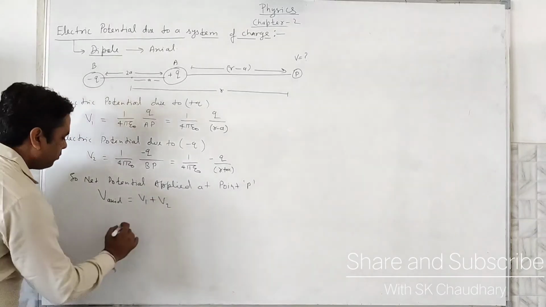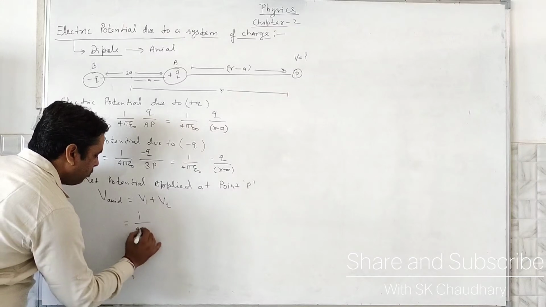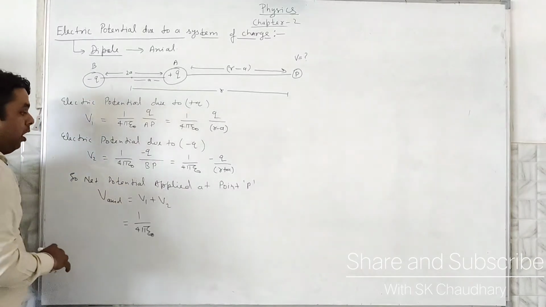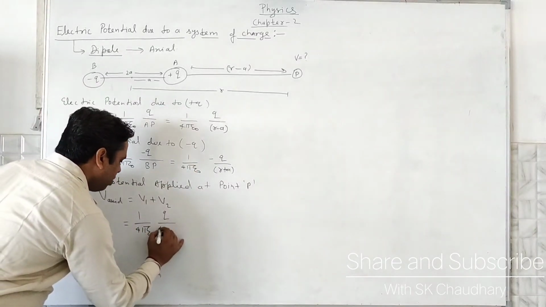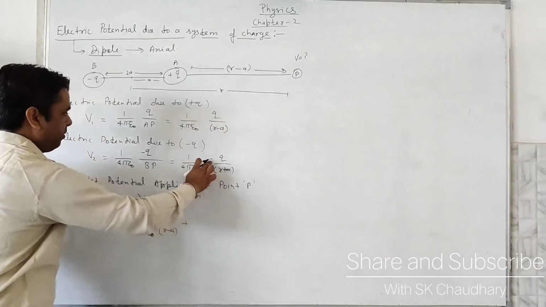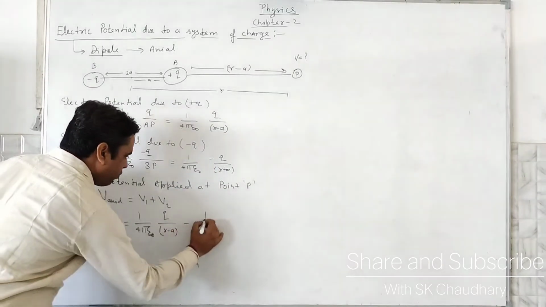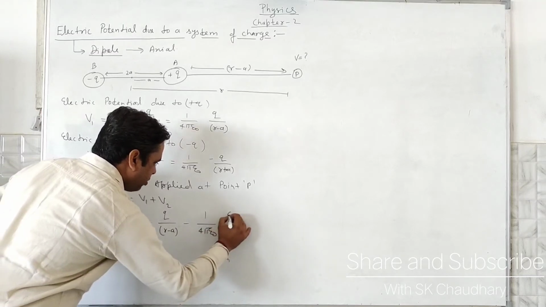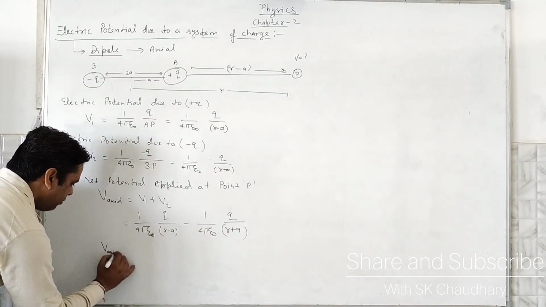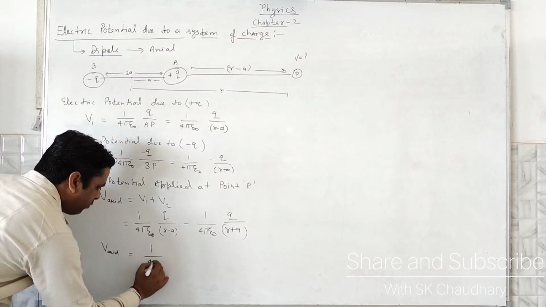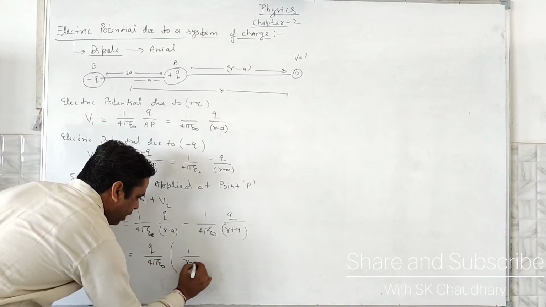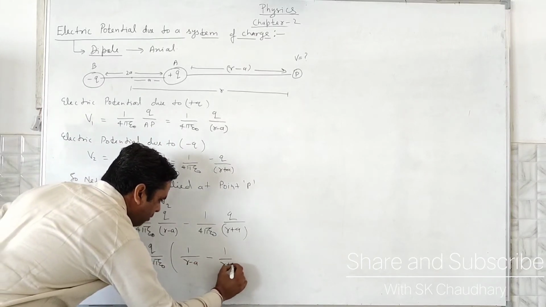V1 is 1 upon 4 pi epsilon naught, because we have placed these charges in free space, and the value of V1 is Q upon R minus A. The value of V2 also, the negative sign is coming, so we can put it here: 1 upon 4 pi epsilon naught Q upon R plus A. Okay, so for V axial we take the common 4 pi epsilon naught and Q, and inside the bracket 1 upon R minus A minus 1 upon R plus A.